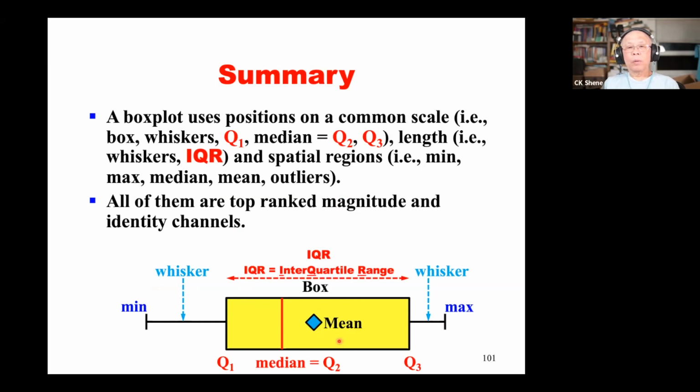All of them are top-ranked magnitude and identity channels. And this is why we introduce to you the box plot at the end of this first set of lectures. It is a very powerful tool. In general, if you want to do an exploratory data analysis, usually we refer to it as EDA, better do this.